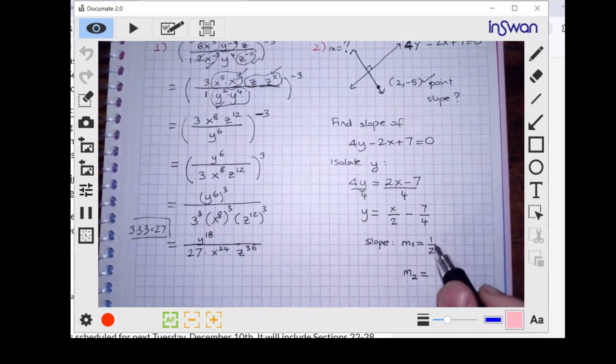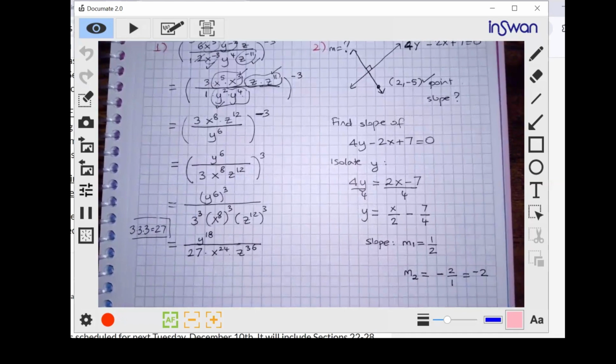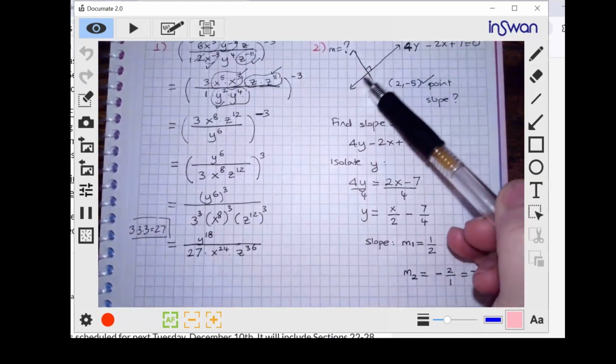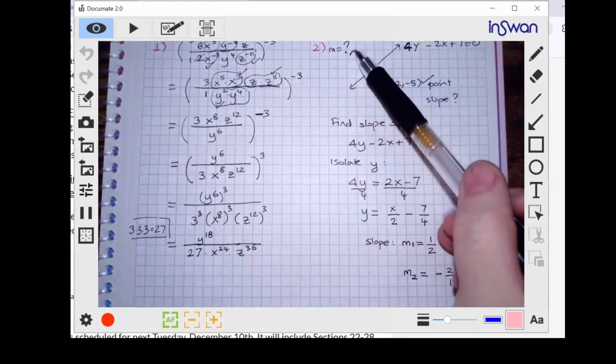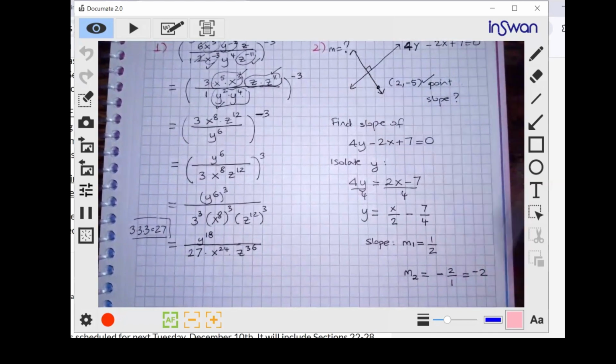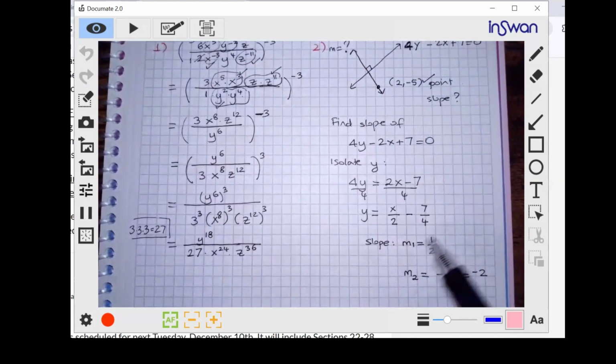So it is going to be 2 over 1, but also negative. So flip 2 over 1 and negate, which equals -2. Once we found the slope of this line, we found the slope of the perpendicular line, which is the negative reciprocal of this number.